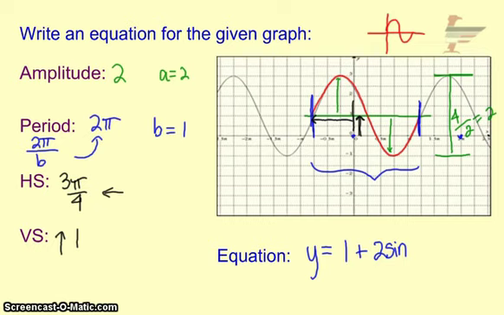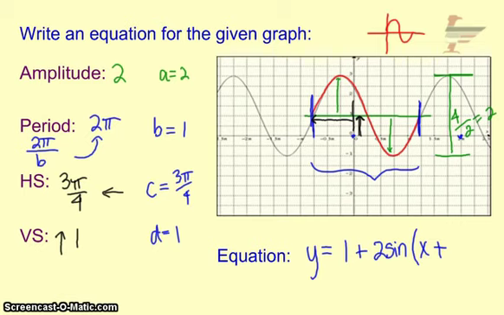Next comes our B value. Well, the B value is 1, which means we don't necessarily need to write it in. And then x plus or minus, I guess I should be saying this is our C value of 3 pi over 4. And our D value is 1. So x plus or minus that C value: because we shifted to the left, that tells me that there must have been a plus sign in the equation, that tricky x.